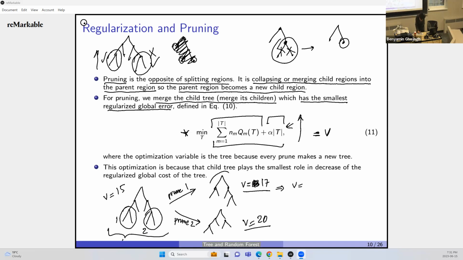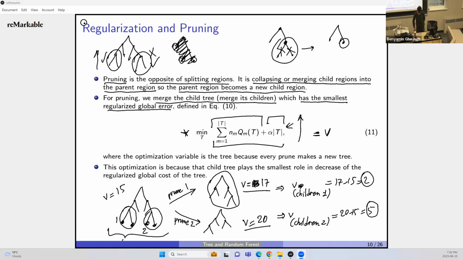V for prune of children 1, I mean these two, is 17 minus 15, which is 2. I think it's obvious now. V for children 2, I mean these two, is 20 minus 15, which is 5. This is exactly the value of equation 11 for these two children. So which one is minimized? This one. Therefore, prune 1 is better.